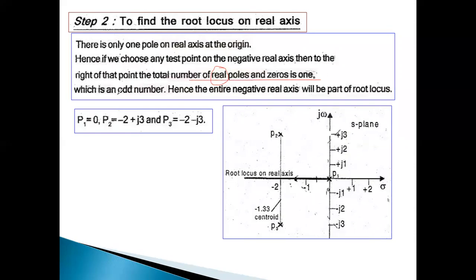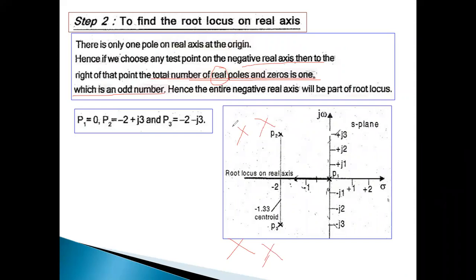On the negative real axis, the total number of real poles and zeros is an odd number. In this textbook, the author considered only the real poles and zeros. I have considered the total poles and zeros because the root locus is symmetrical about the real axis. If two complex poles are present on the upper half, automatically two conjugate poles are present on the lower half of the real axis.